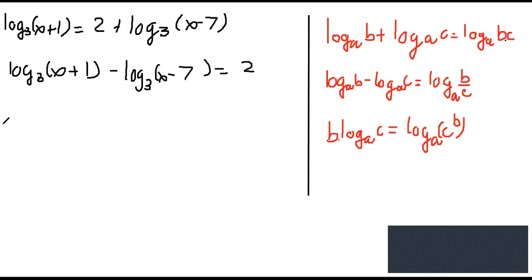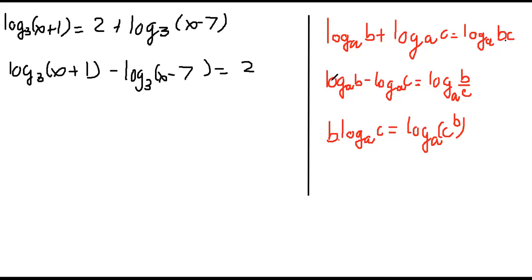Look at the part on the left side, you can see the subtraction over here. So we will be using the quotient rule, the second one I listed. Since we have the same base, 3 and 3, we can definitely use the quotient rule. So log base 3, and then B over C. Our B is x plus 1 and our C is x minus 7.